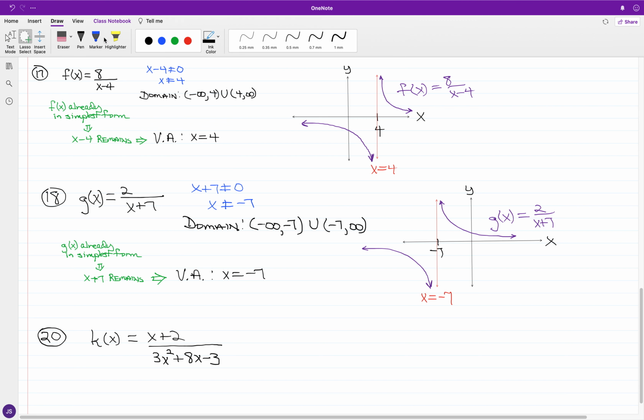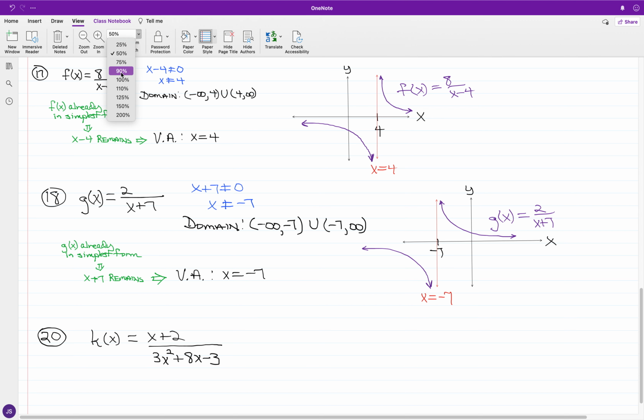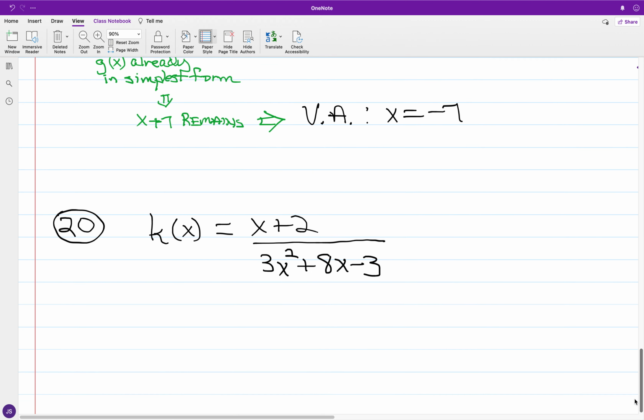If you notice in the denominator, we have 3x squared plus 8x minus 3. And this is one that we can factor.